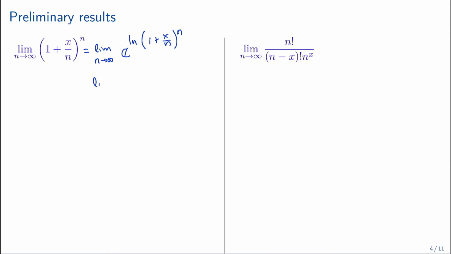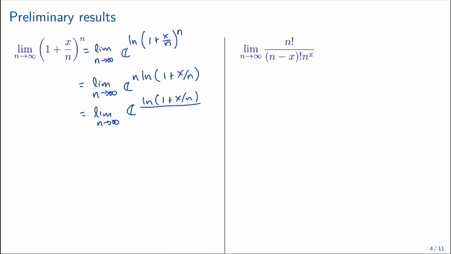So this is equal to the limit where n approaches infinity of e to the n multiplied by the natural log of 1 plus x over n. And this is equal to e to the natural log of 1 plus x over n divided by 1 over n. I just moved n to the denominator, so I have to move it as 1 over n, so it's equal to the previous one.